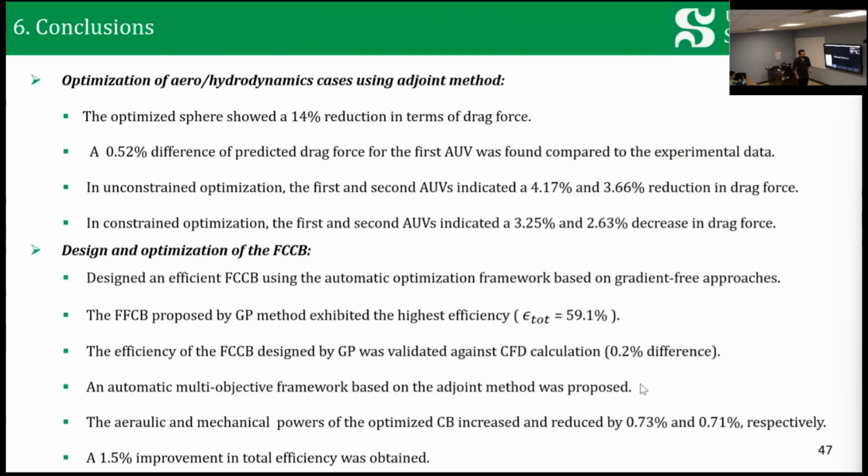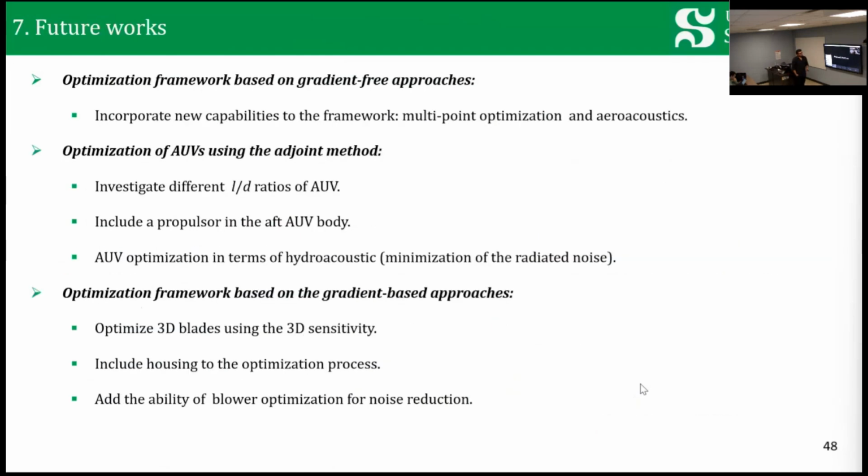Then I proposed a new automatic multi-objective framework based on the adjoint method, and both objective functions showed around 0.7% increase and decrease in aerodynamic and mechanical power respectively, which results in a 0.5% improvement in total efficiency.